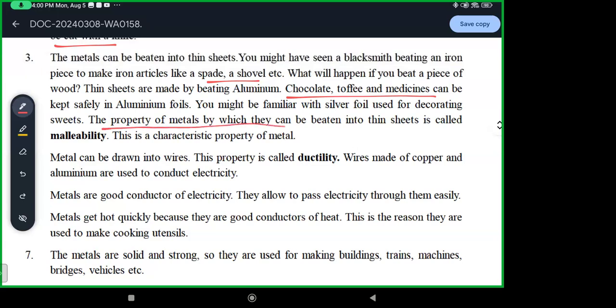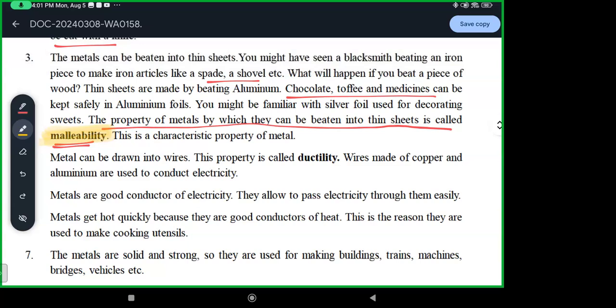It means you can beat it and make a sheet out of it. That is known as malleable: can be beaten and made into a sheet. Then it is a characteristic property of metal.